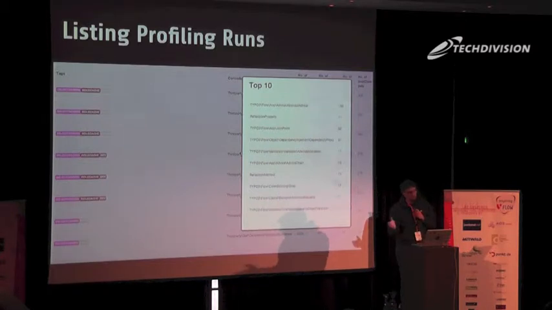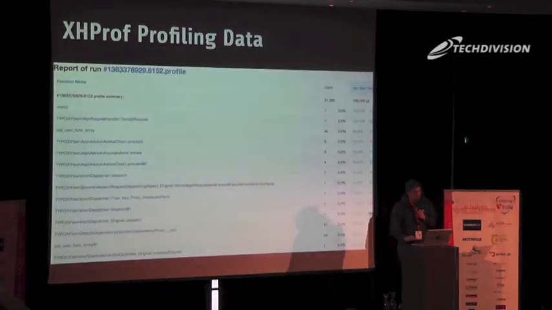It can be very helpful to find out, okay, the top method that is executed all the time is some method in the Doctrine lexer, because we are reading annotations too often. And then you also have the regular XHProf UI profiling data view embedded in this interface.